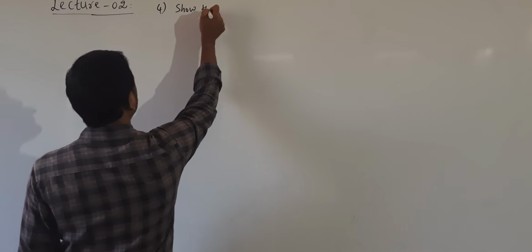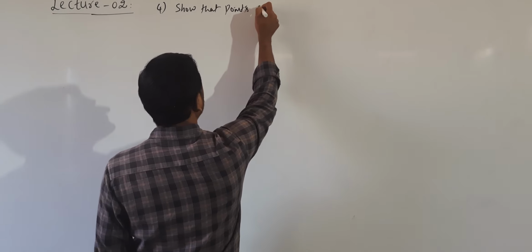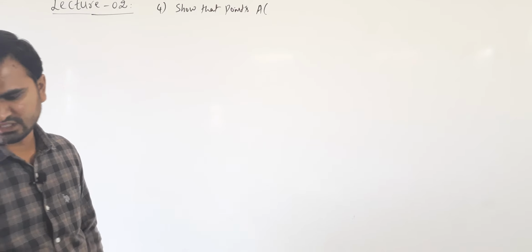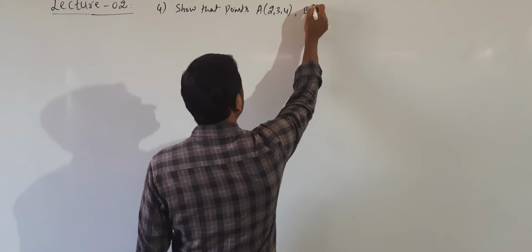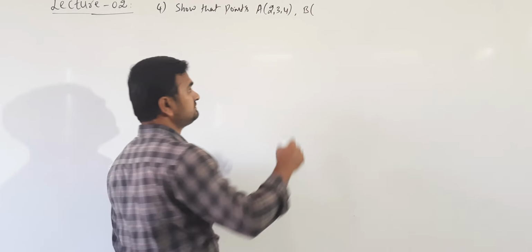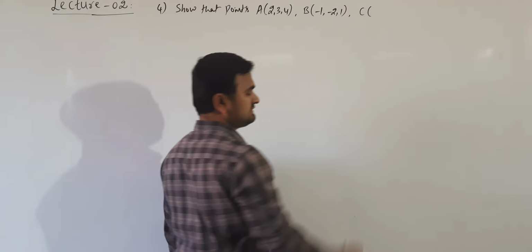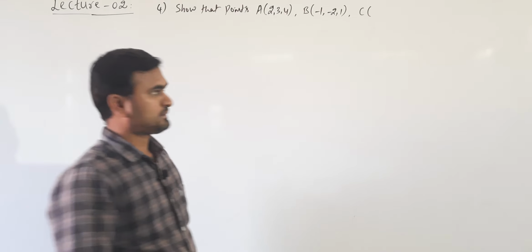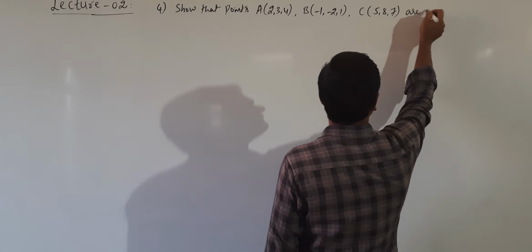Let us take the given points as A, B, C. A is (2, 3, 4), B is (-1, -2, 1), and C is (5, 8, 7). Show that they are collinear.